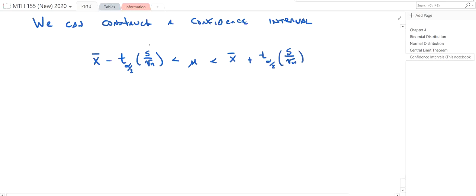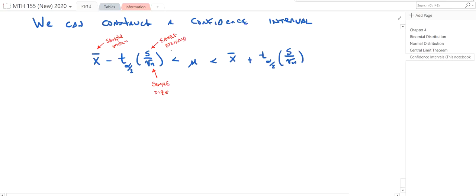And in this relationship here, x bar is the same as it was before. It's our sample mean. N is the same as before. It's our sample size, just like it was before. But now we have some new terms. We have S here, which is our sample standard deviation instead of the population.